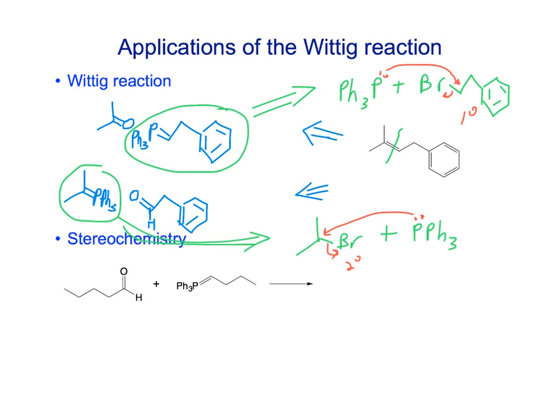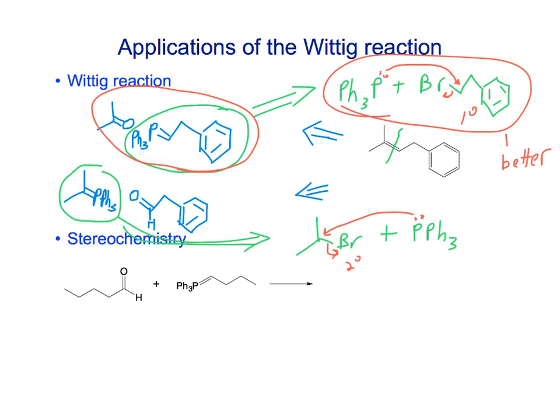So methyl is best, primary is best, secondary works sometimes, tertiary doesn't do SN2, all right? So if we have to choose between these two, this would be better, okay? Because we're using an SN2 substitution between the triphenylphosphine and the primary alkyl halide. Okay, so that means that this is the better way to go if we have a choice.